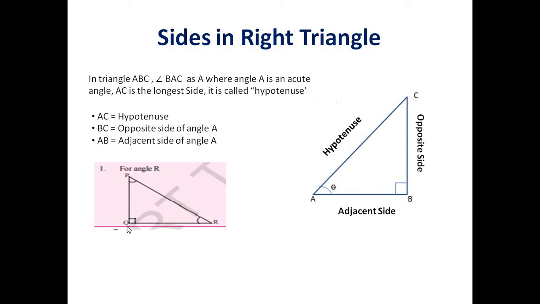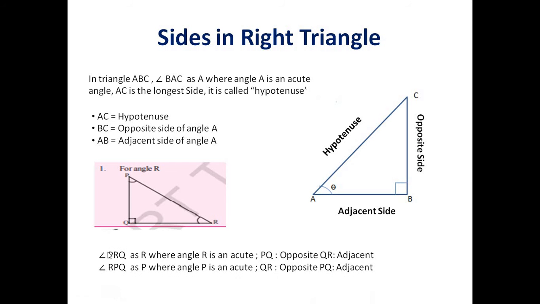So PQ is your opposite side and QR is your adjacent side. And you already know the longest side, PR, in the right angle triangle is known as hypotenuse. This is for angle PRQ in the right angle triangle PQR.